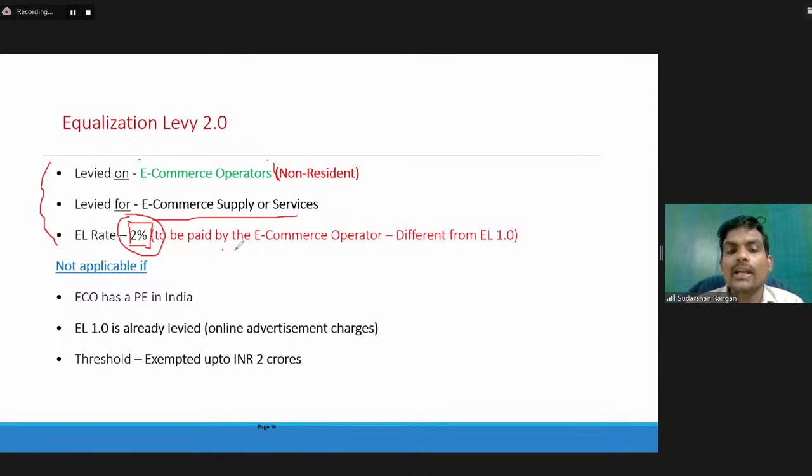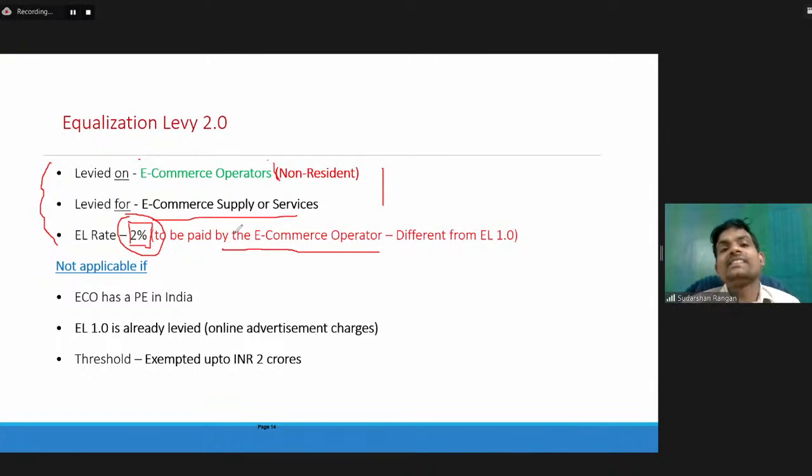And this is important. This 2% will be paid by the e-commerce operator. So this is another different aspect from 1.0. What are the differences here? Obviously, the scope is different because we are talking about e-commerce operators and e-commerce supply or services. Rate is different. There it was 6%. Here it is 2%.